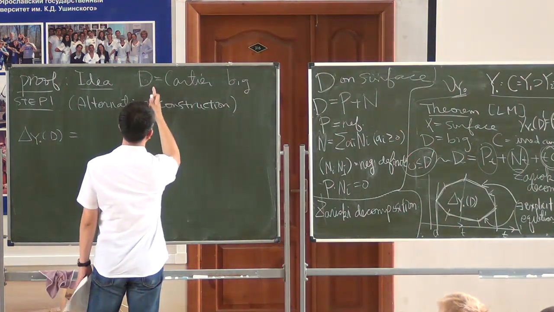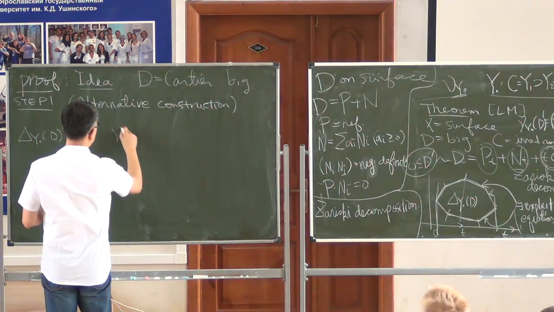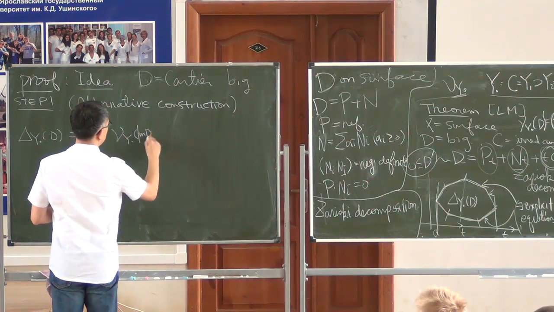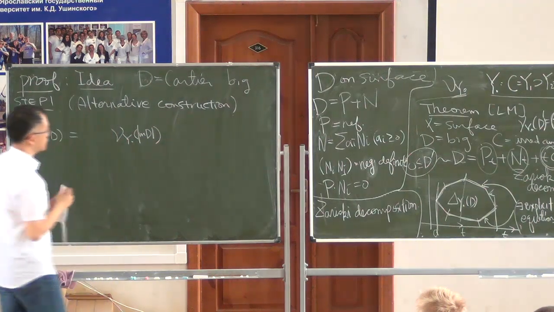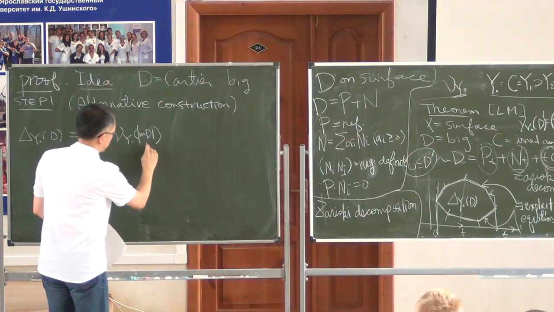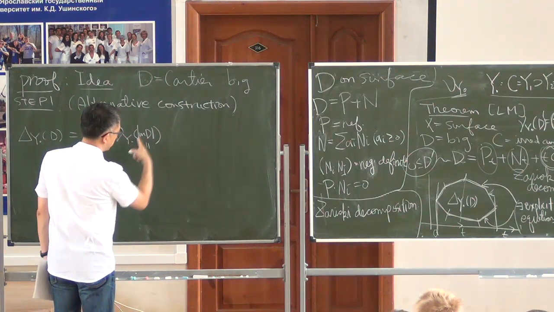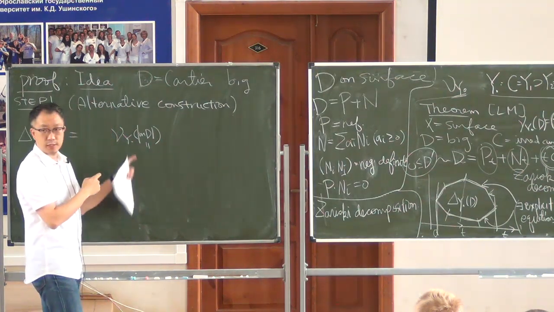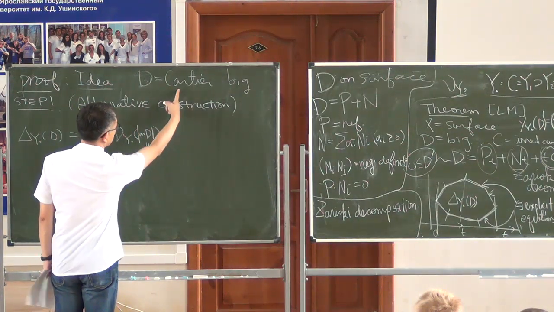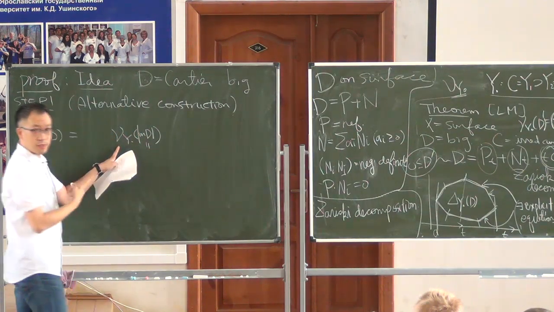So because our divisor is Cartier, first you look at this image. So this is the usual linear equivalence linear system. Okay, so this only has the integral Cartier divisor, and you look at the image.